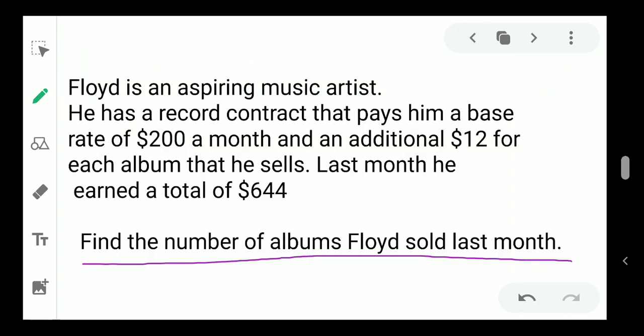Next thing, you can clearly see the reference value, that is 644, and what is that? Last month he earned. So we have to create one equation that will show us the last month's earning by using variables, and then we will make it equal to this.